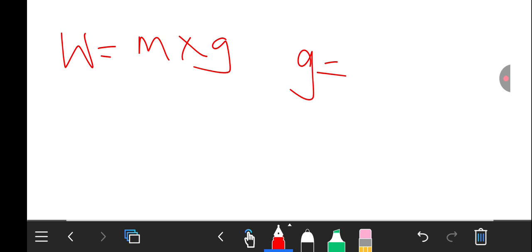Then let's now calculate the weight. So weight is equal to mass times gravity. Mind you, we are talking about gravity on Earth. Gravity on Earth is 9 point something. So let's just take it as 10 meters per square second, the acceleration due to gravity.